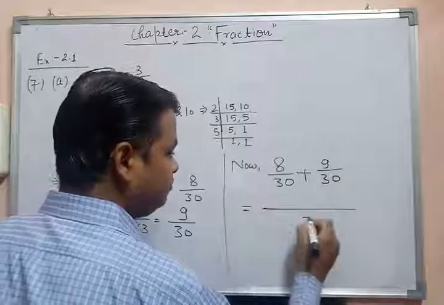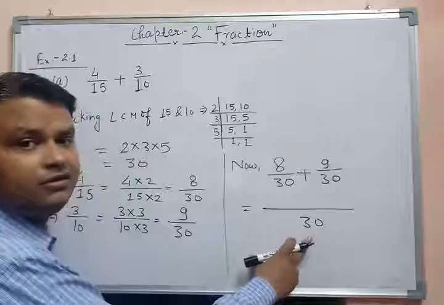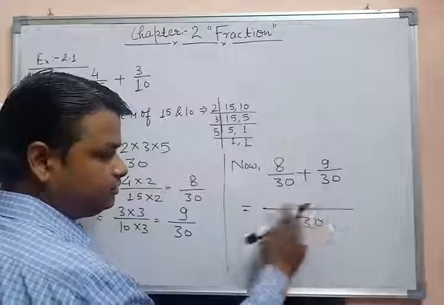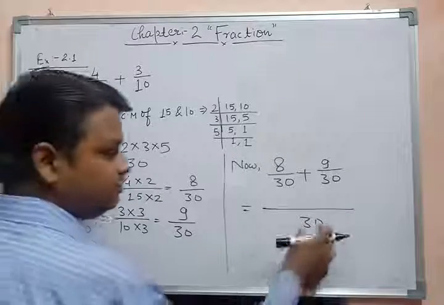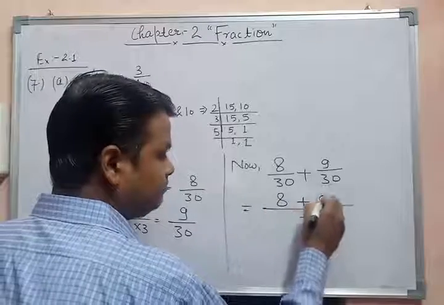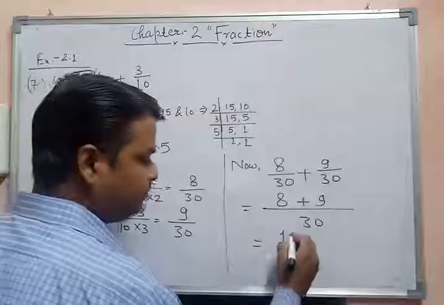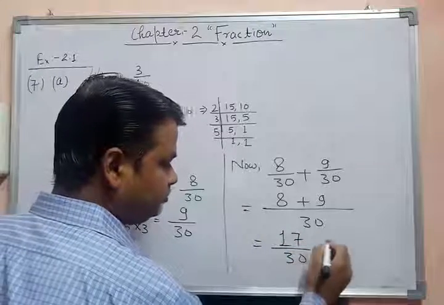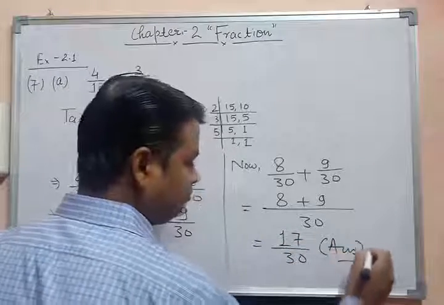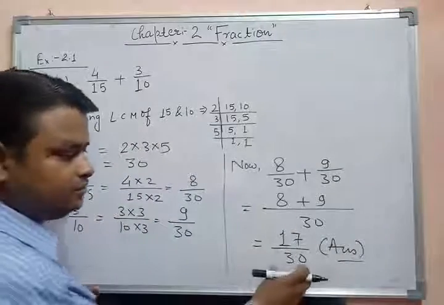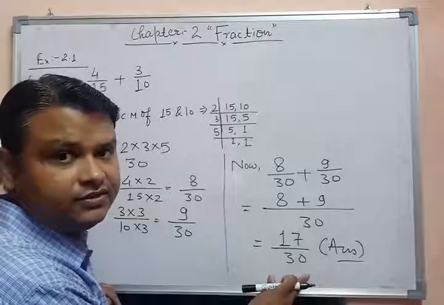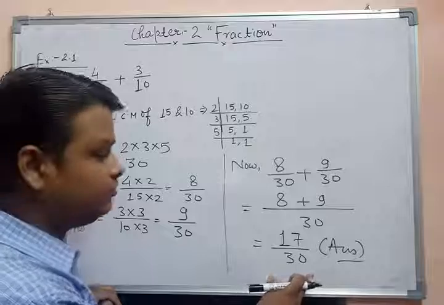You write only a single denominator and add both numerators: 8 plus 9 is 17 upon 30. So this is the answer. What type of fraction is given? It is a proper fraction.